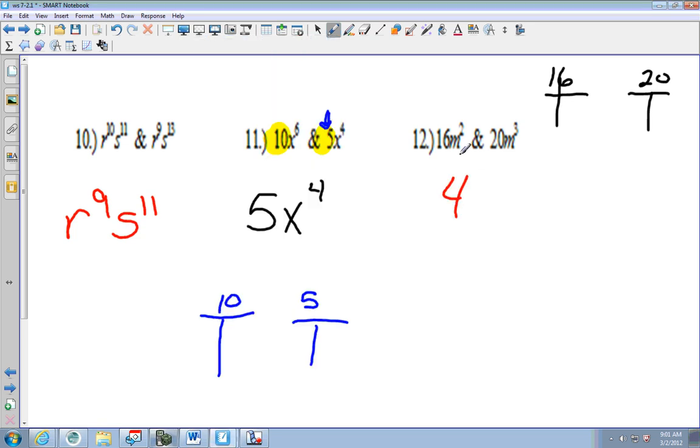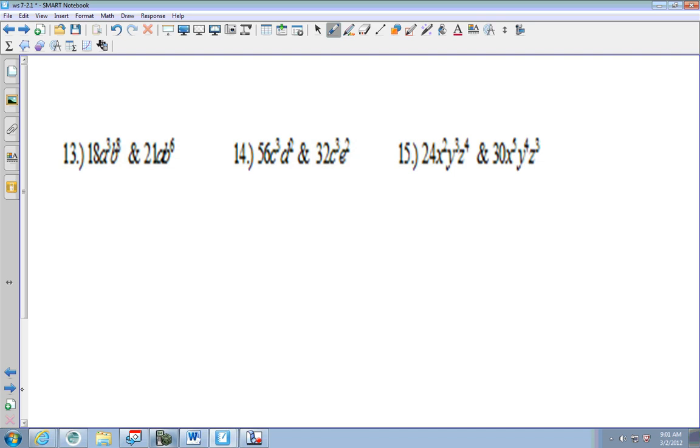Then m's are in both of them, and you take the smallest exponent, so it's m squared. That's your GCF.